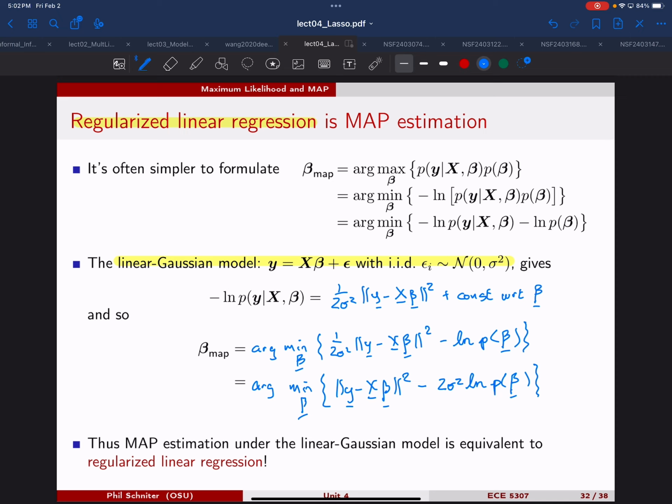On the left, we recognize this is exactly RSS. And this other stuff here, in the context of regularization, we call that phi of beta.